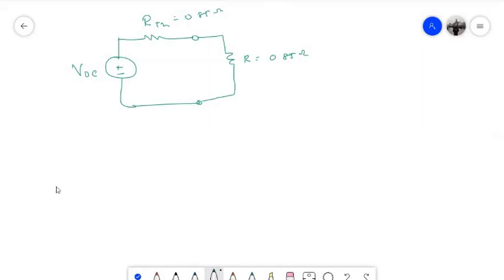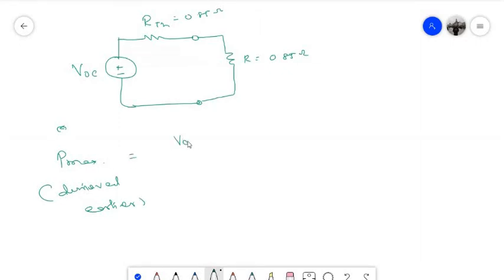So if you use the expression for P max which we have derived earlier, you can refer back to the previous pages.